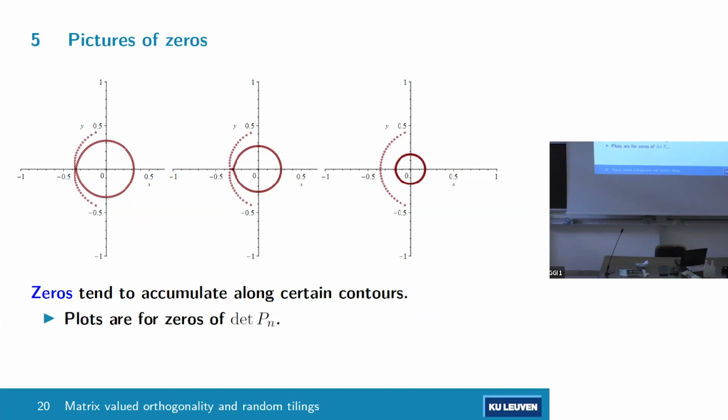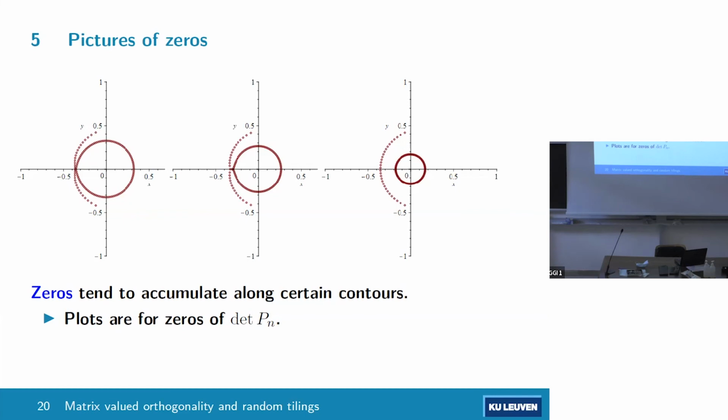And so there's a transition here from a curve that you should think about as being on the first sheet and then going on to the second sheet along the cut. This piece starts to separate itself from the rest and then goes here. But what we see is that these zeros tend to accumulate along certain contours.